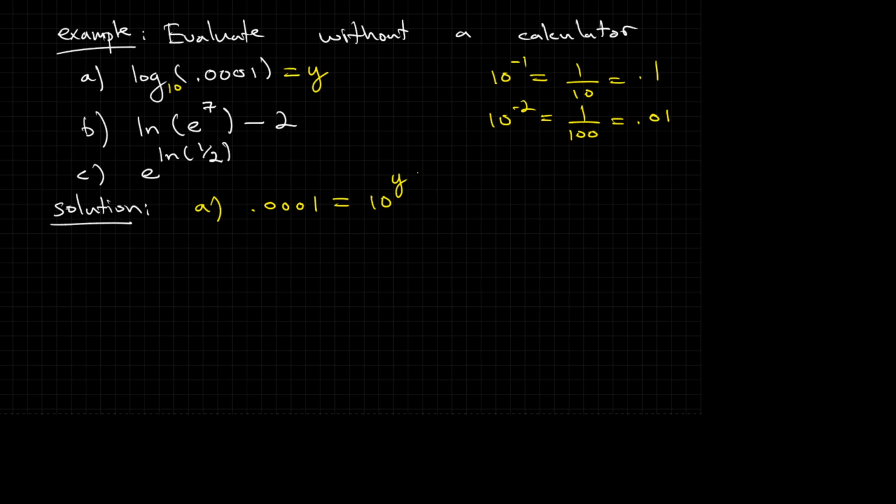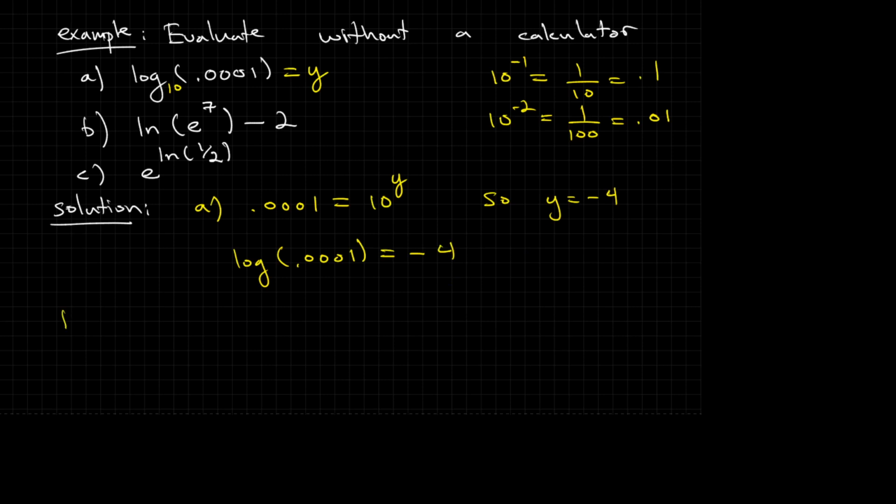And so that means here that this y should be -4, because 10 to the minus 4 is 0.0001. And so in part A, log of 0.0001 would be equal to -4.